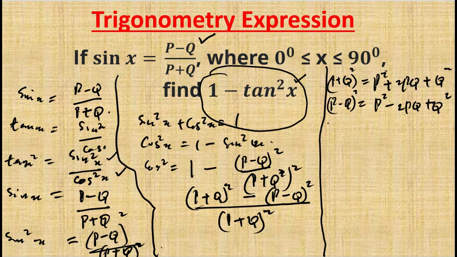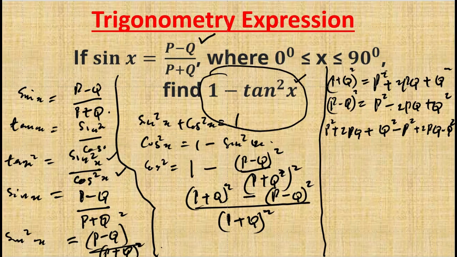So this equation should look like, in place of (p plus q) all squared, I should have p squared plus 2pq plus q squared, minus, in place of (p minus q) all squared, I'll be having minus p squared plus 2pq minus q squared, all over (p plus q) all squared. Why? Because the negative sign is multiplying this sign to become positive.